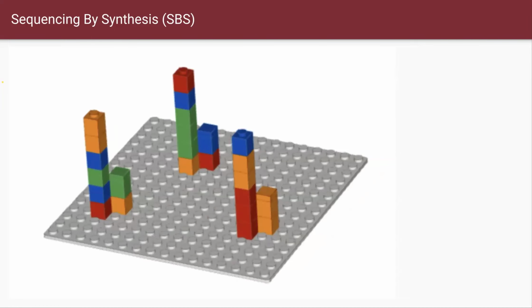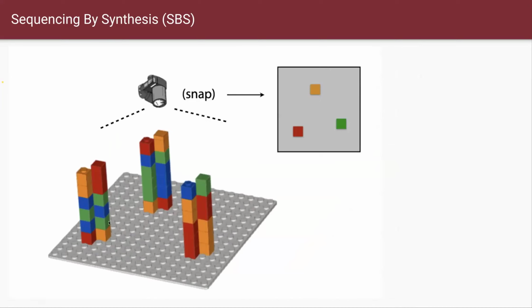So why do we need bridge amplification? You basically boost the signals to detect those regions, right? So you have many of the same molecules around here. Then you have clusters of the same molecules here. So once the camera takes the image, that will give you better signals than just a single molecule, right?